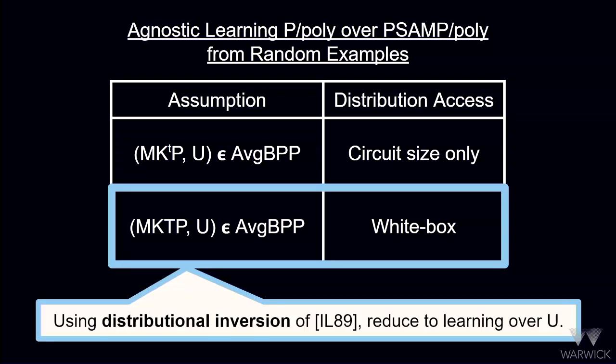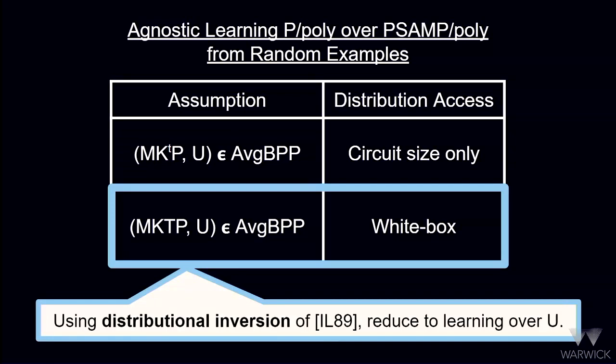So it then remains to reduce the case of learning over an arbitrary distribution to that of learning over the uniform distribution. And in order to do that, we use this idea from Impagliazzo and Luby, distributional inversion.